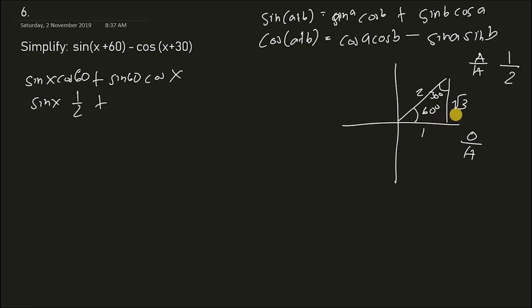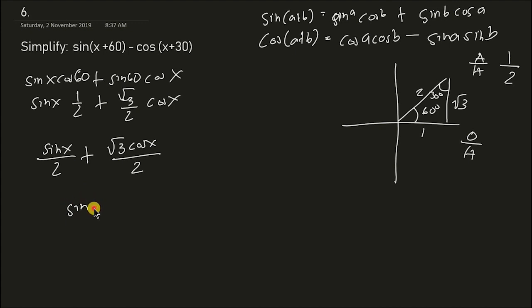Opposite of 60 is square root of 3. Hypotenuse is 2. So that's square root of 3 over 2 cosine x. So we can simplify that. That would be equal to sine x over 2 plus square root of 3 cosine x over 2. Or let's make it into one term. Sine x plus square root of 3 cosine x over 2.